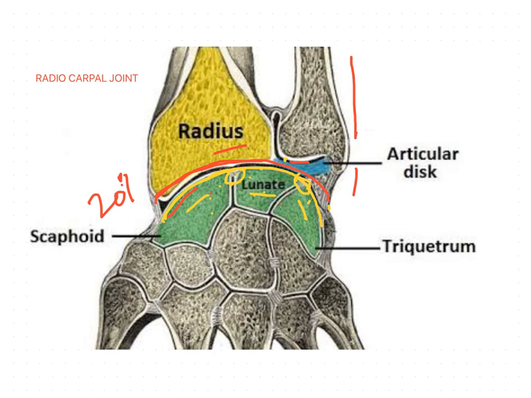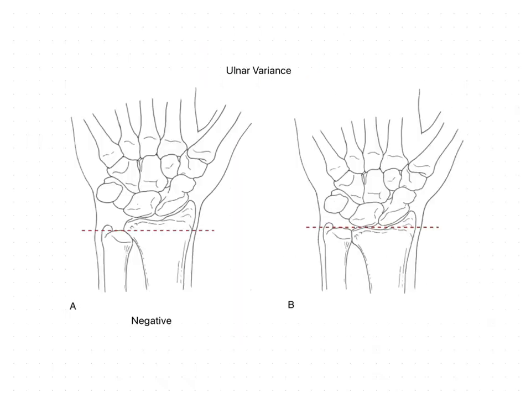Okay, so there is another factor called ulnar variance. So this ulnar variance is another factor which affects the function of the radiocarpal joint structure. What is that?